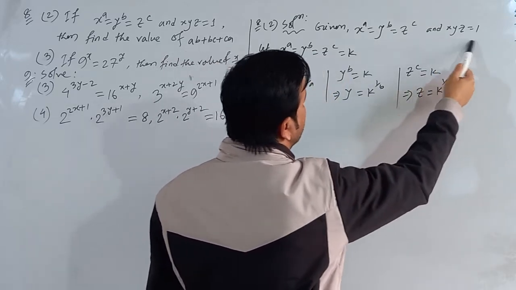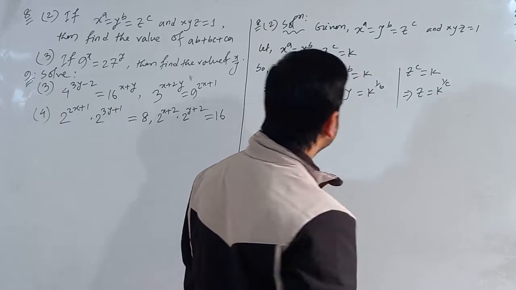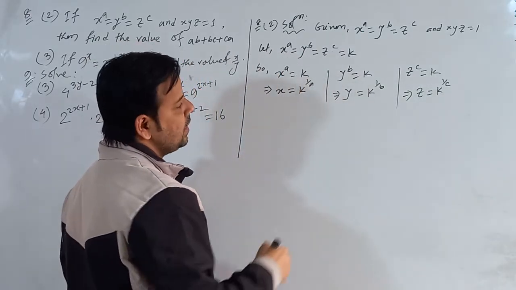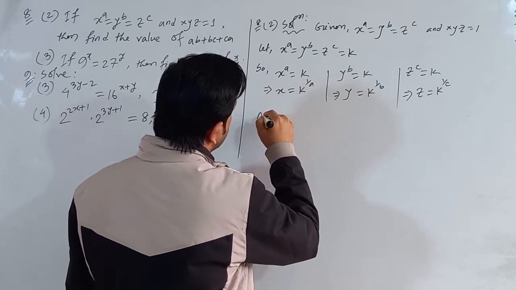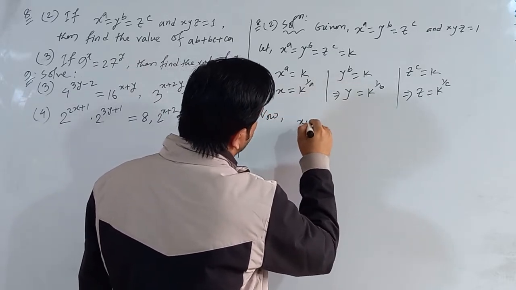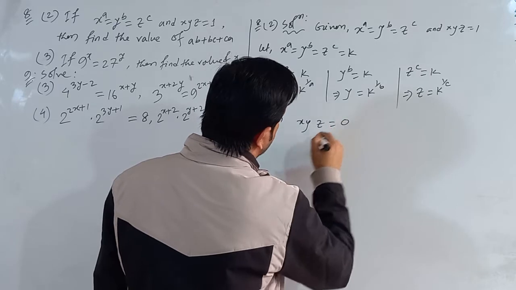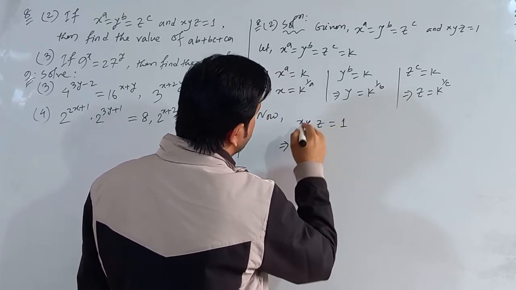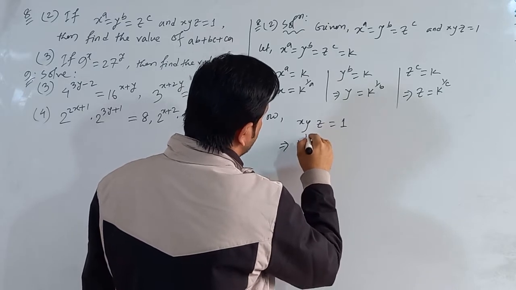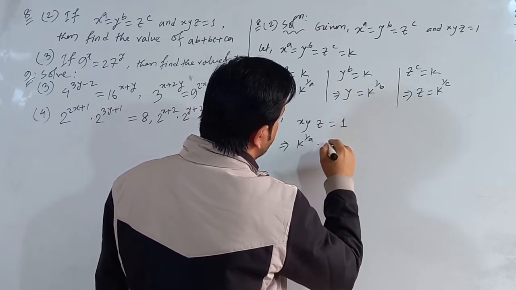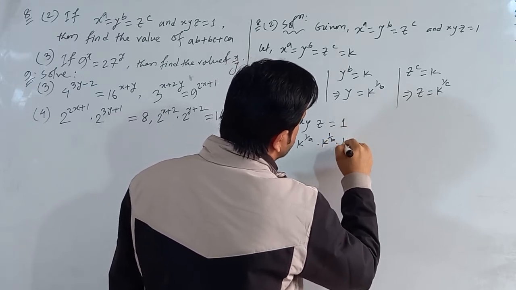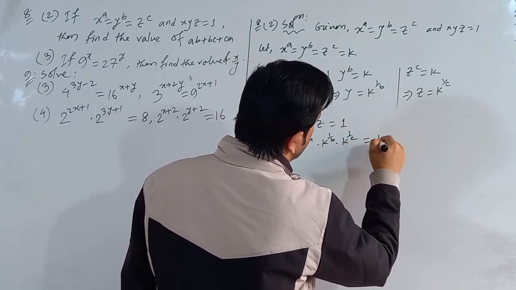Now if we use the given information x, y, z equal to 1, then we can determine the value of ab plus bc plus ca easily. So we can write here, x, y, z is equal to 1. So we can write here value of x is k to the power 1 by a into value of y is k to the power 1 by b into z is k to the power 1 by c, that is equal to 1.